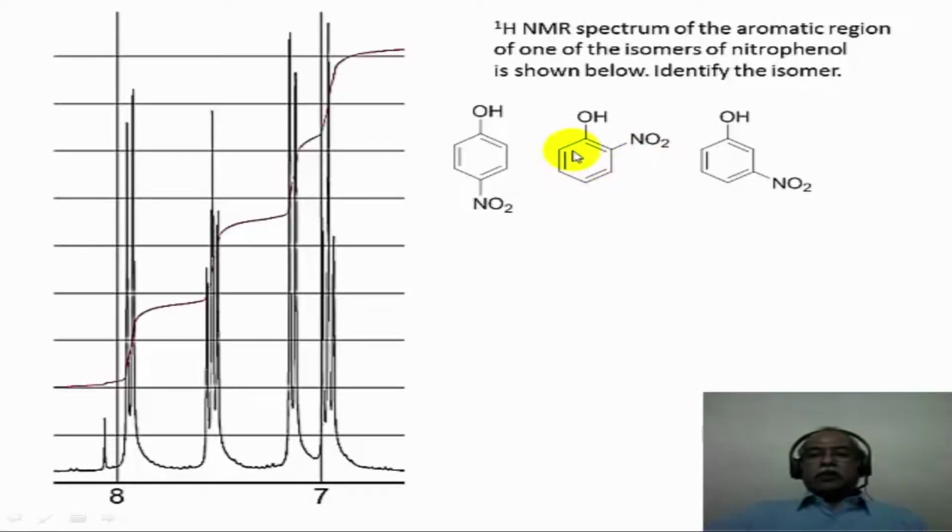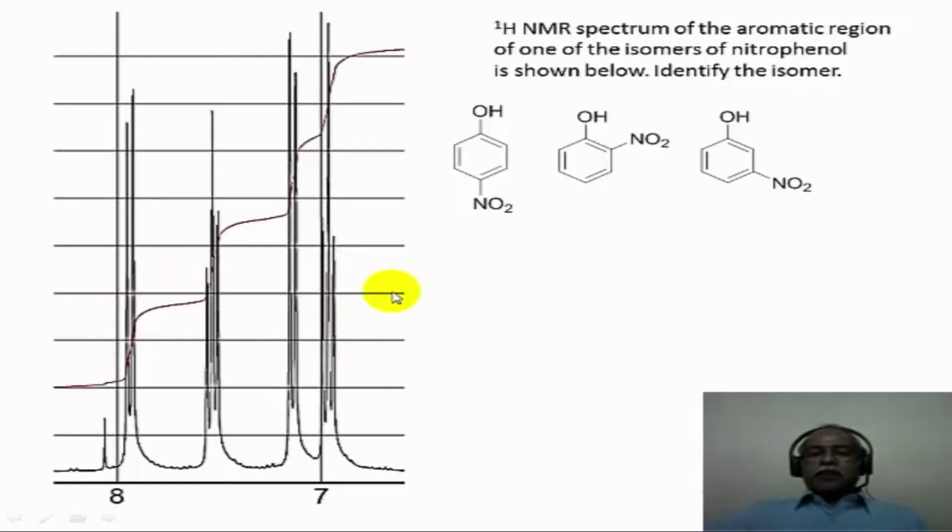So there are 4 spin system, A, B, C, D kind of a spin system in ortho-nitrophenol. Similarly, in the case of meta-nitrophenol also, this hydrogen, this hydrogen, this hydrogen and this hydrogen, all these 4 hydrogens are chemically non-equivalent in nature. So either of this compound could satisfy the 4 chemical shift values that one sees in this particular spectrum.